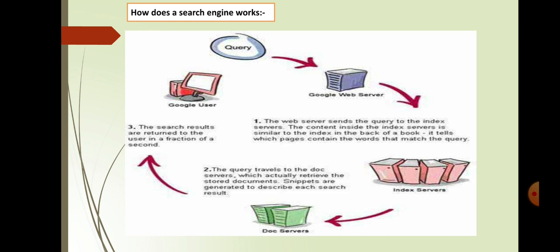Once that query is found inside the index server, it is again redirected to the document server. And from the document server, the response goes to the user. So this way, a Google search engine works.